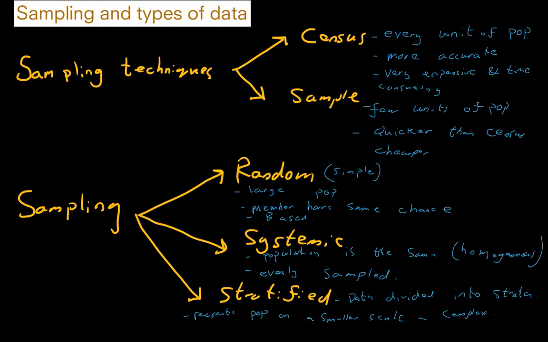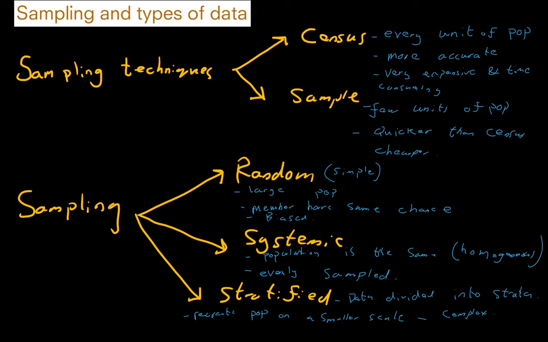Stratified is when we recreate the population in a much smaller sample. So for instance, we know that a certain percentage of people in Australia are between the ages of 20 and 30. So we ask, say for instance, it's 20%.